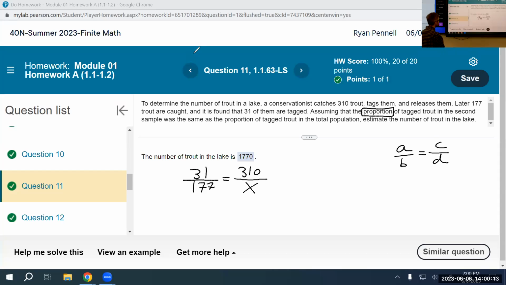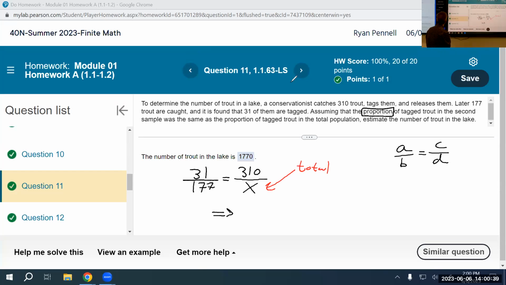If it was proportional, how much is in that lake? So this is my proportion. If it's 31 over 177, then the 310 would be over the total. So I think X is the total here. It's still a guess, but we can take an educated guess. We think that's the total.